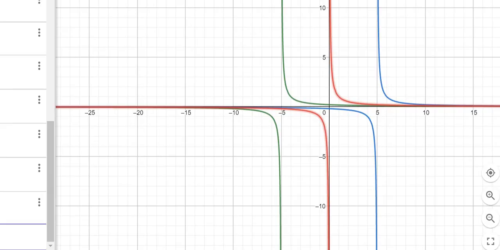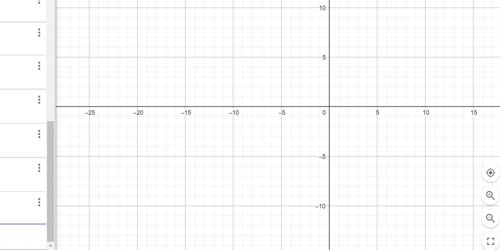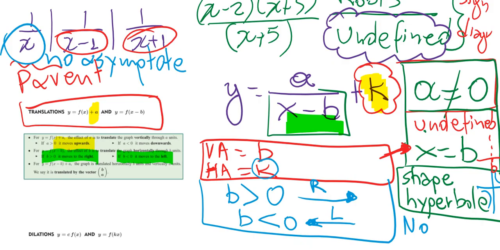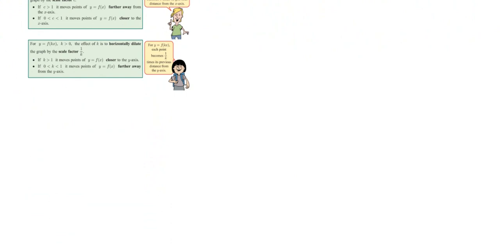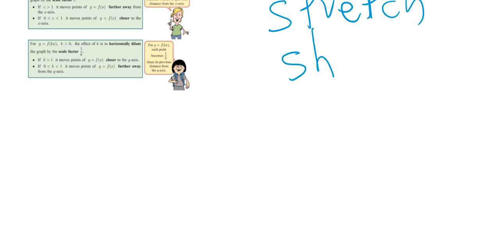Let's see now what will happen to us if we are working to the next level, which is the dilation. Dilation means stretch or shrink.